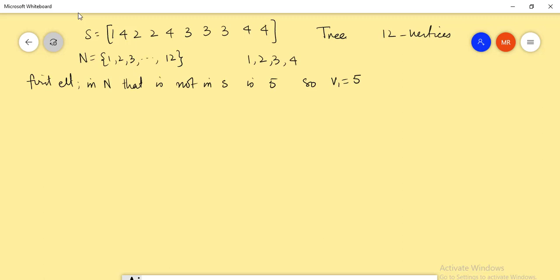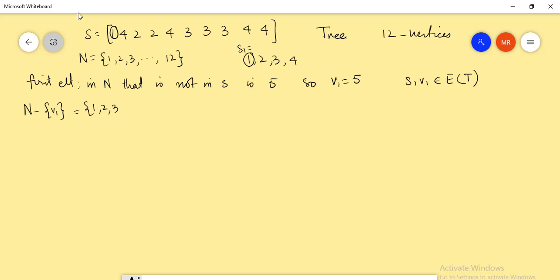And we join, so S1 is 1, because we can see that S1 is 1. So S1 V1 is an edge in the tree. This is the first observation. Now what do we do? We consider this set N minus V1.